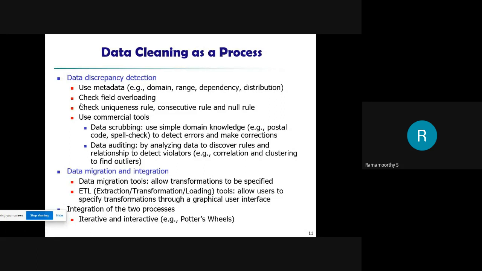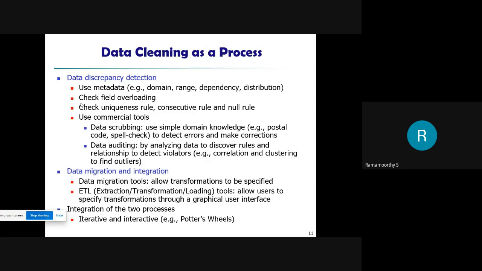You always extract the data from the multiple data sources, transform it or fit it into some range, and then load the data for the analysis. So extraction from multiple sources, transforming into some range, and loading it for the processing, right?